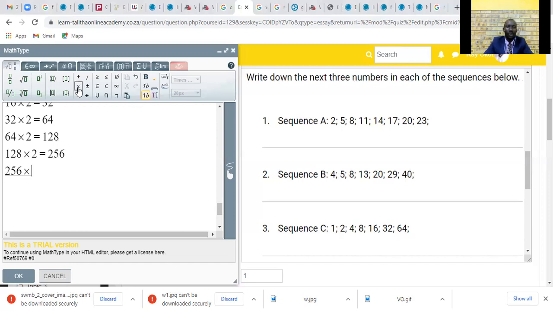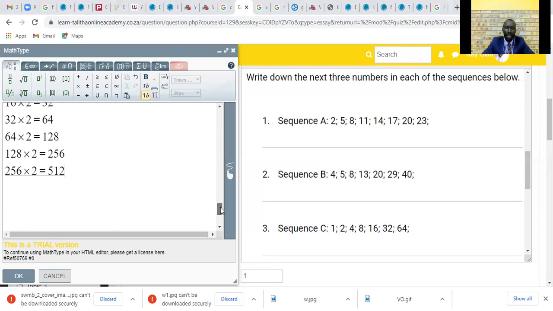Okay, 256 times 2. What would that give us? Well, 256 times 2 would give us 512. So this is how we would find the next 3 terms.